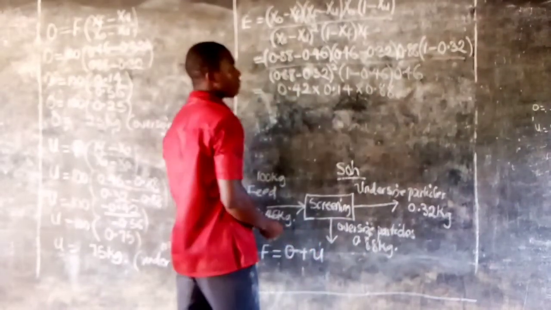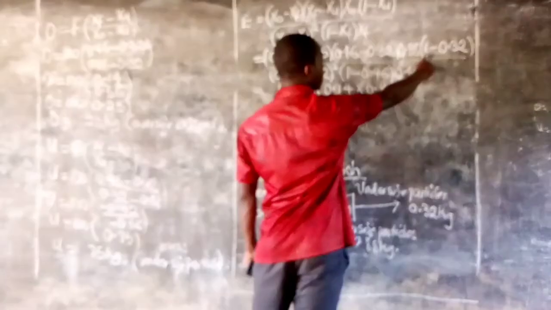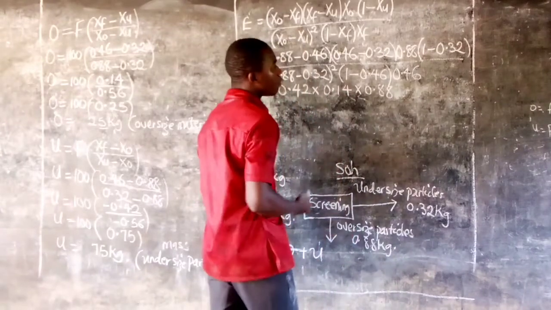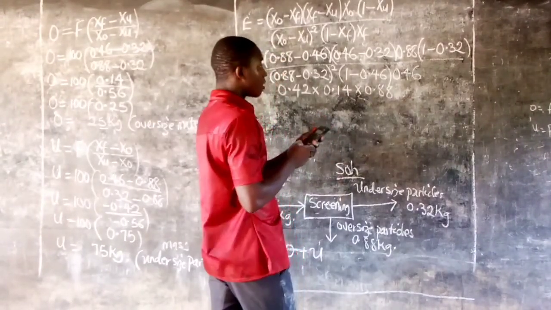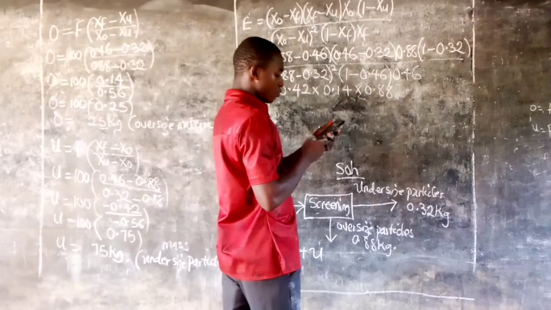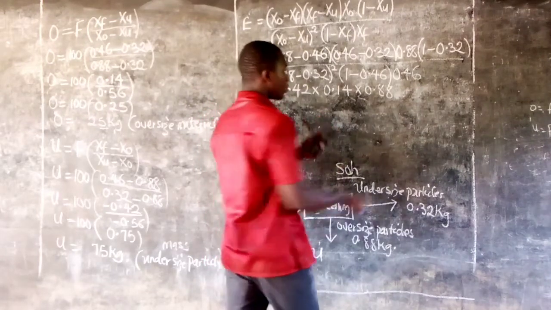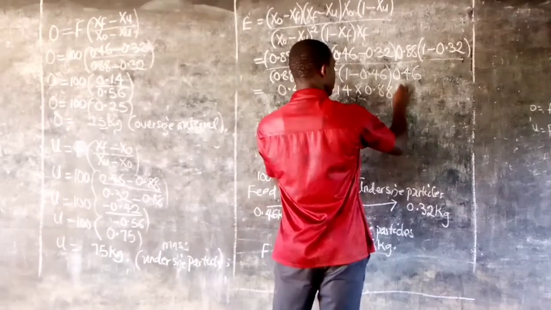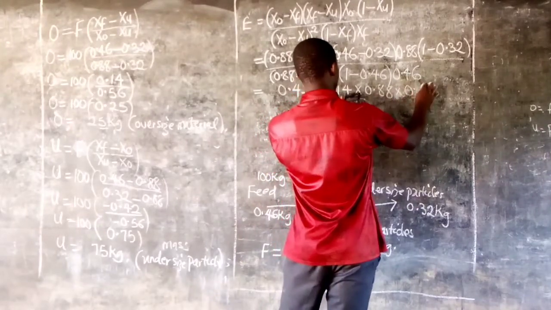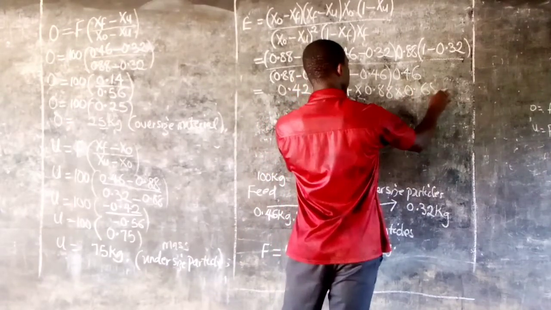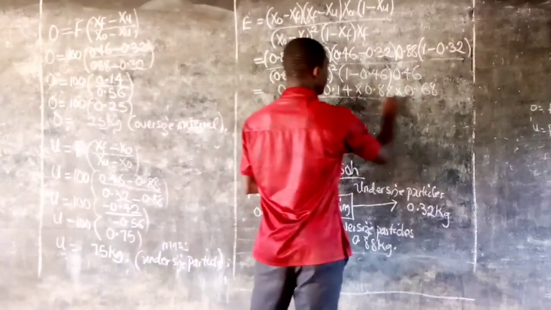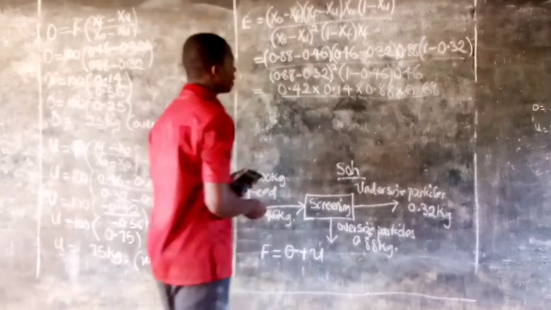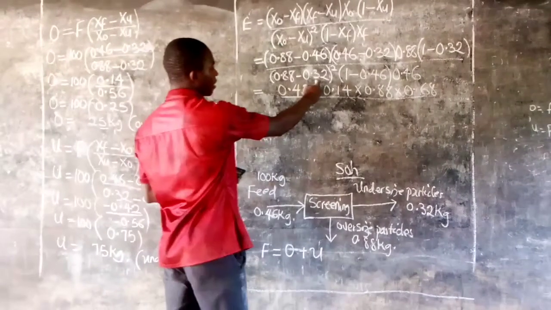0.88. So now we have 1 minus 0.32, and that will give us 0.68. And so this is all divided by, now we have this minus this.